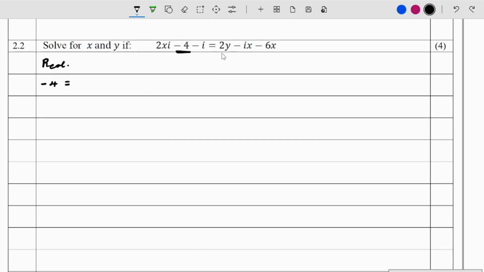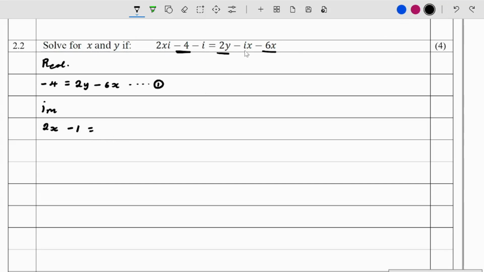And in the part that is real, it is 2y and minus 6x, I'm going to call this equation number 1. Equation number 2, let's observe what is imaginary. The part that is imaginary is going to be 2x, so I'm going to put 2x here. And then minus 1. Where do I get minus 1? From here. So that is minus 1.